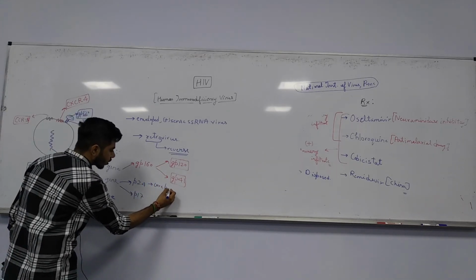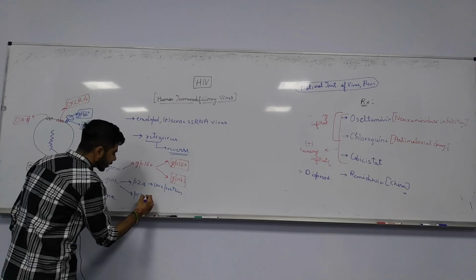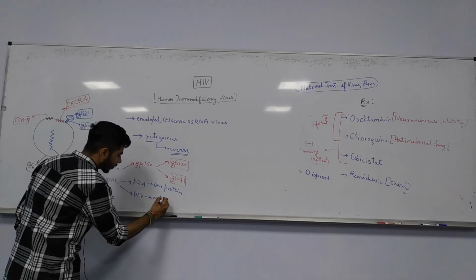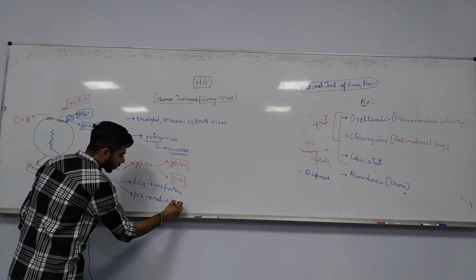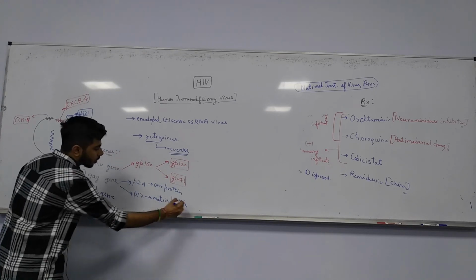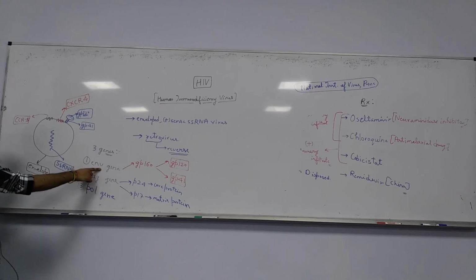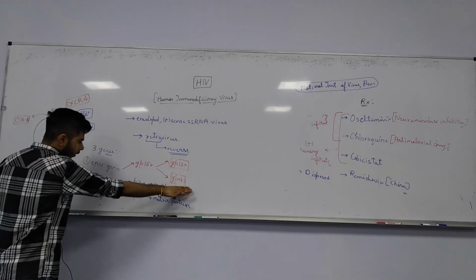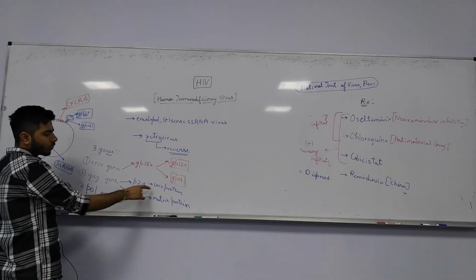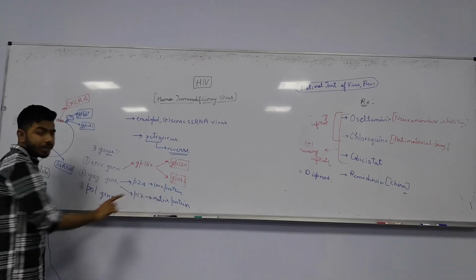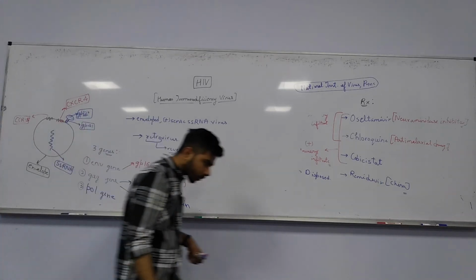P24 is the core protein and P17 is the matrix protein. So the ENV gene has GP160, GP120, GP41, and the GAG gene has P24, the core protein, and P17, the matrix protein.